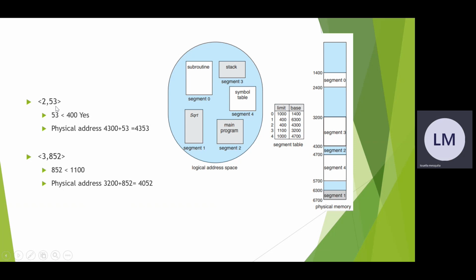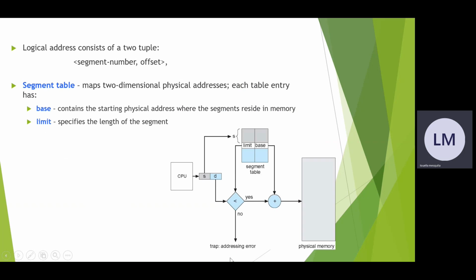If it is, then the base is added to the offset to get the physical address. That is, the base 4300 is added to offset 53 to get the physical address 4353. If the offset is not less than the limit, then an error is returned.